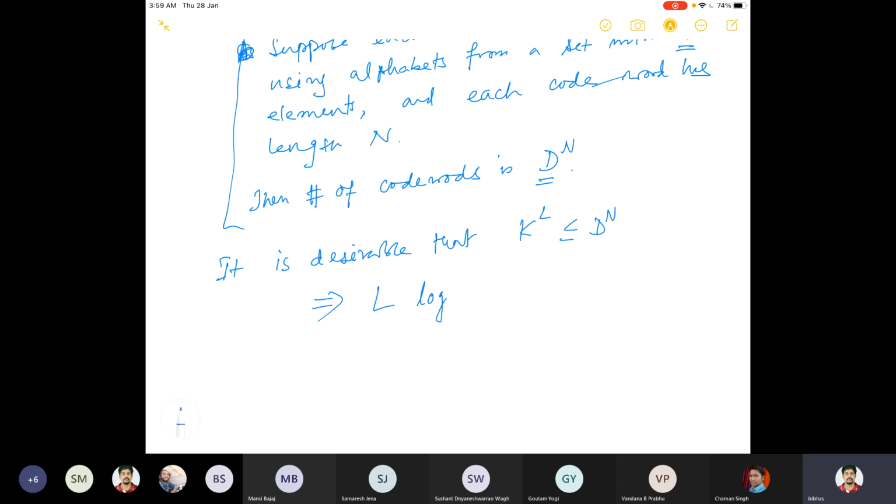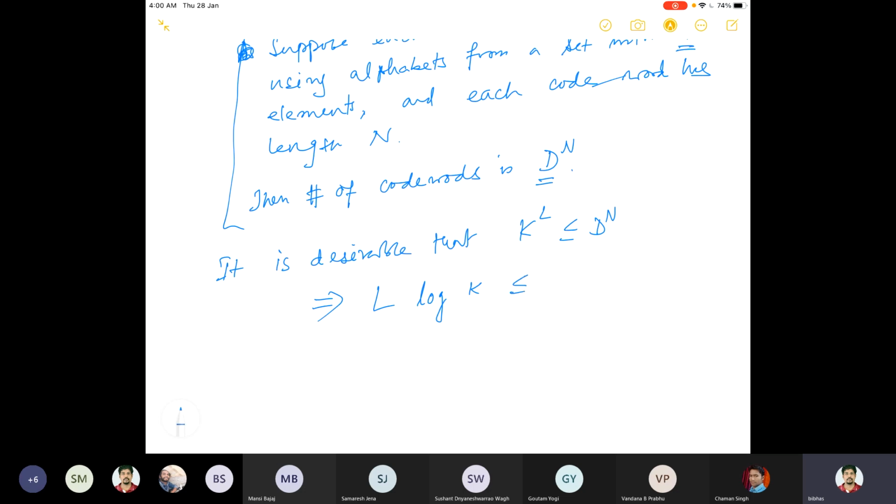If this happens, then L log k, and here we will talk about log base 2. Sometimes people take a general log like log base 10, but in general we'll always consider log 2, because we ultimately want to relate it to the concept of information, like entropy, self-information, and so many things.